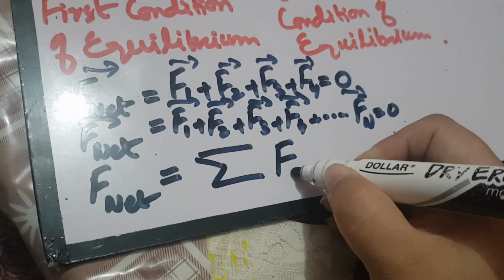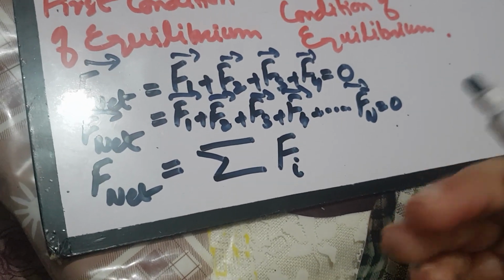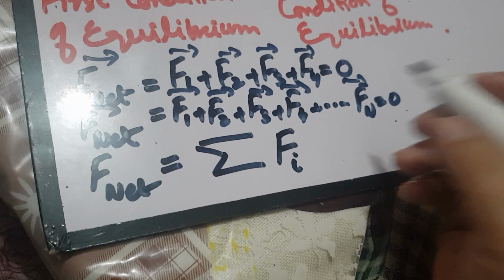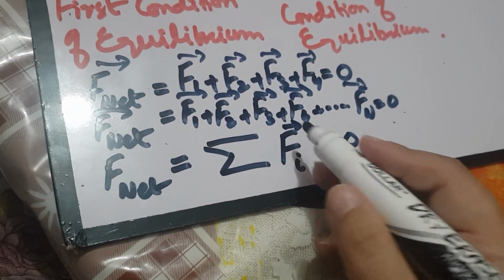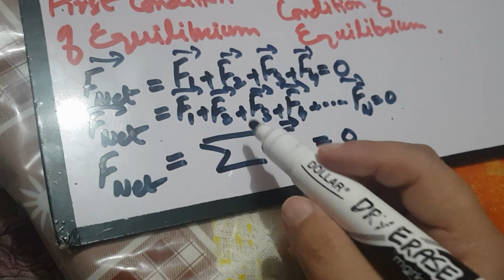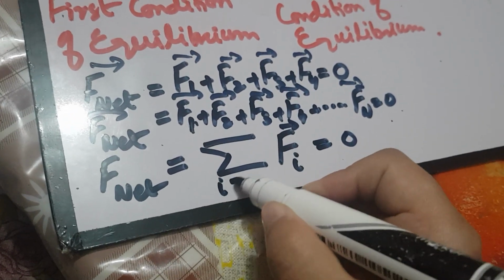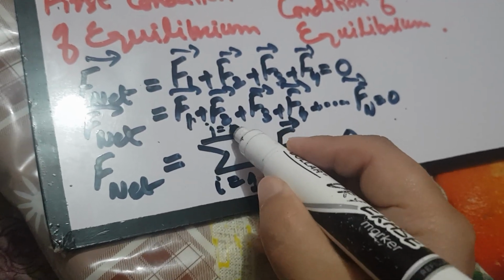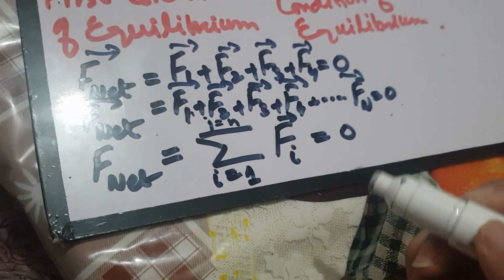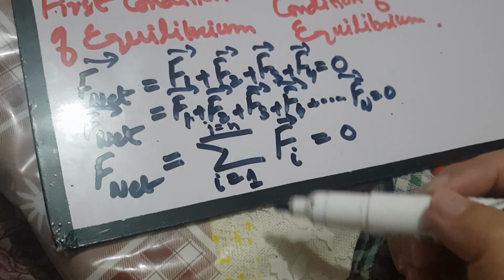If there are i number of forces, you can use any letter, i, j, k, it's not a problem, equal to 0. And from where to where should this i extend? The starting point is 1 and the ending point is n. So i begins from 1 and ends at the nth position. If you want to use this summation sign, you have to write like this.